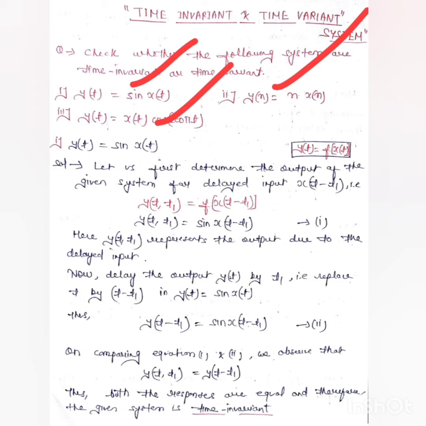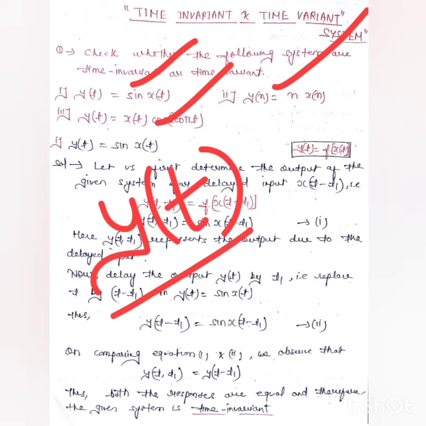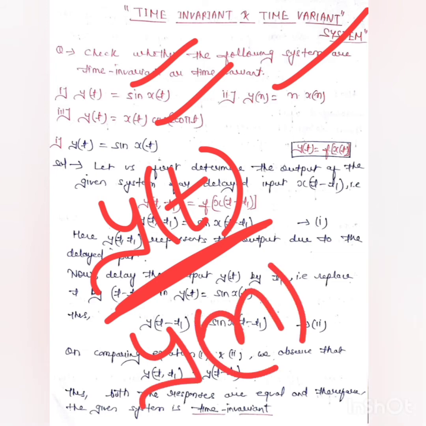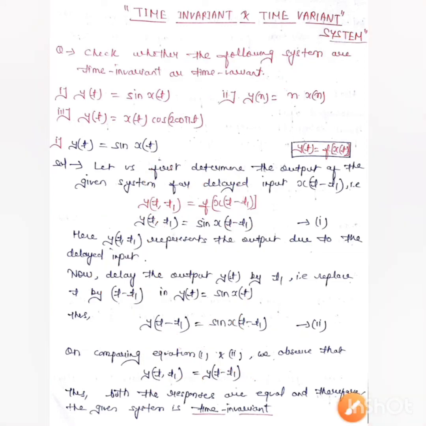As you know, if the notation is like this, y of t, that means this particular system shows the continuous time system. If it is written like y of n, then you can understand the given system is discrete time system. Now one by one we can solve each of the question.